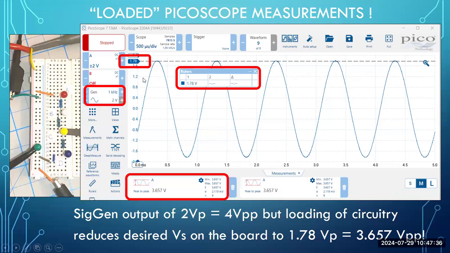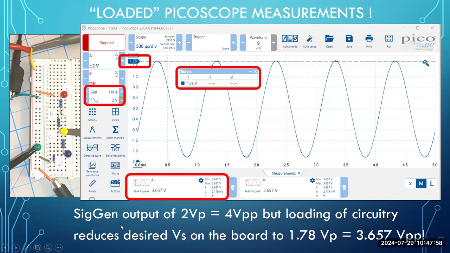We're going to see what's called a loading effect. How much did it change? It changed from 1.95 in a fraction to 1.78. So it's showing here in the red box in the dashed line. It's showing here in the ruler value, and it's also showing as a peak to peak of double this quantity to be 3.657.